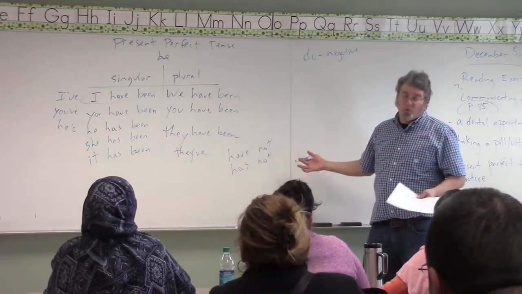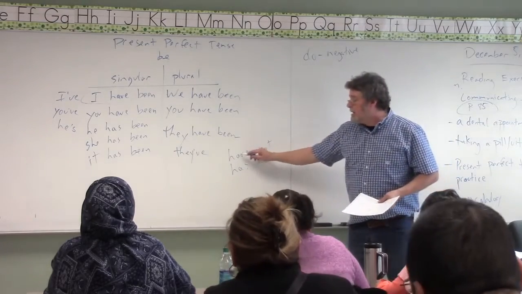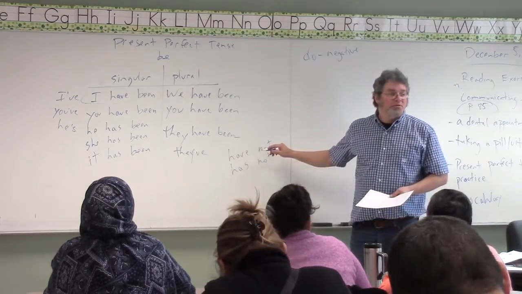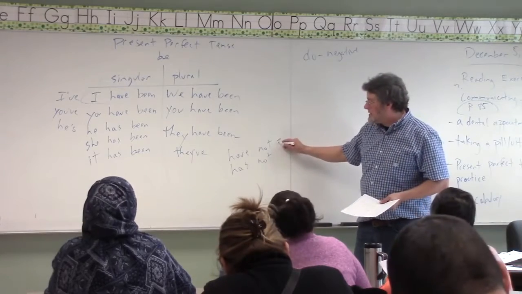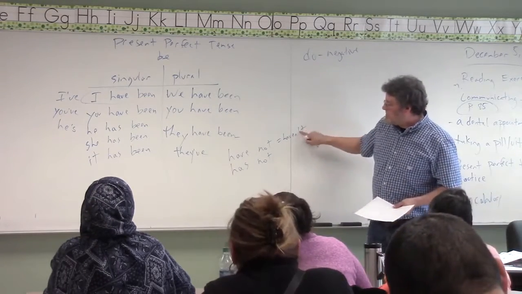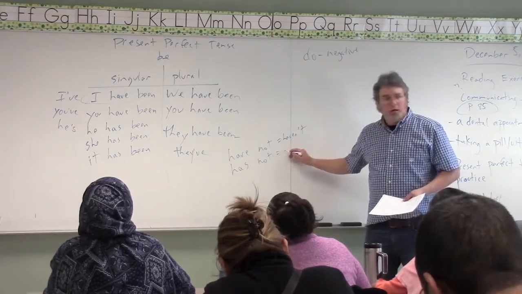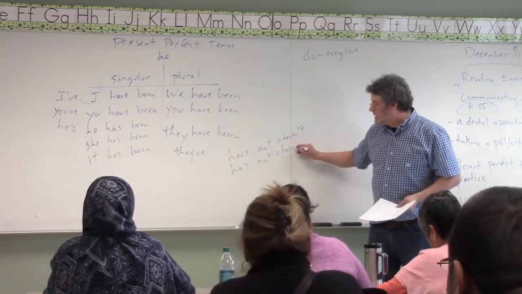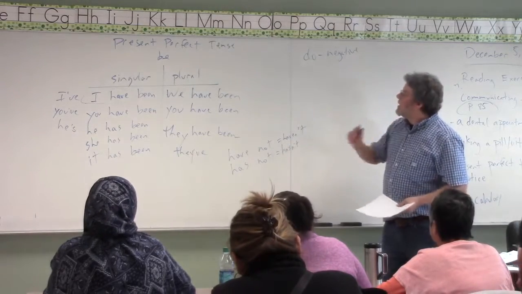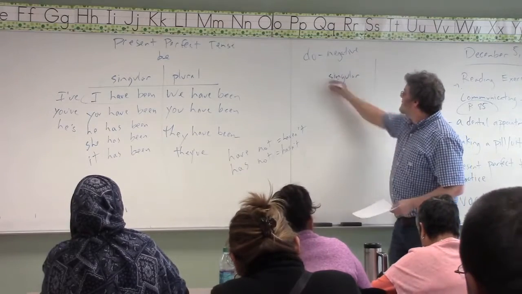If you want to use the contraction, you don't have to use the contraction. If I put have and not together, what does that become? Haven't. Good. There's the apostrophe before the T. If I put has and not together, hasn't. Okay, so singular and the plural.